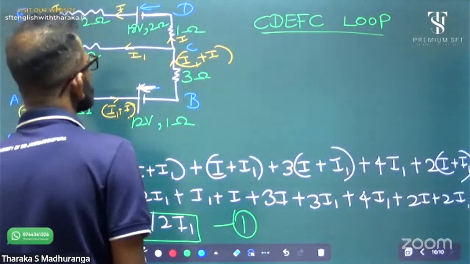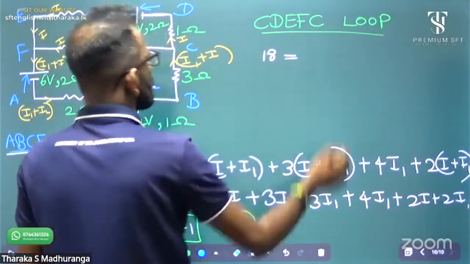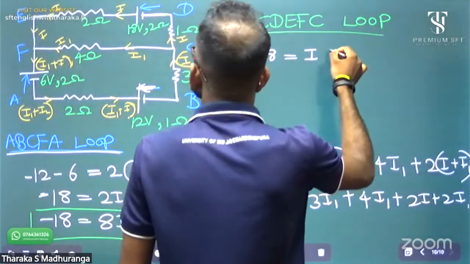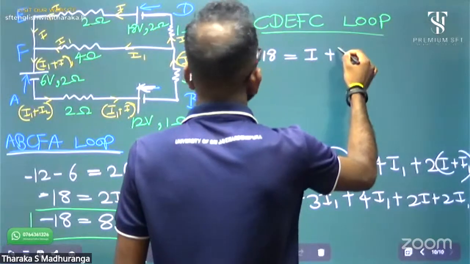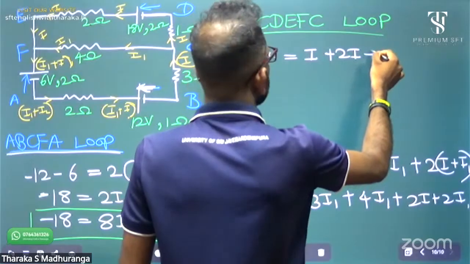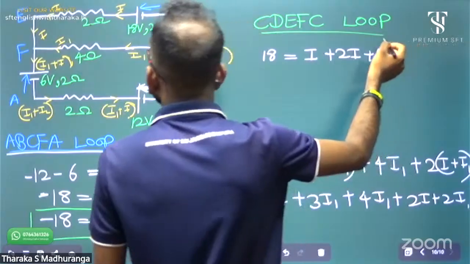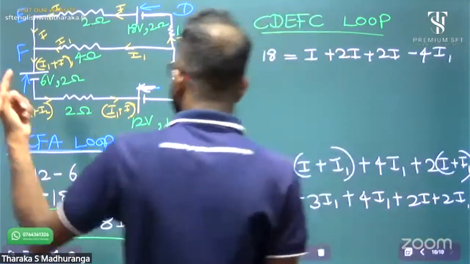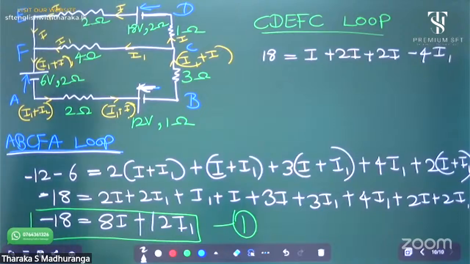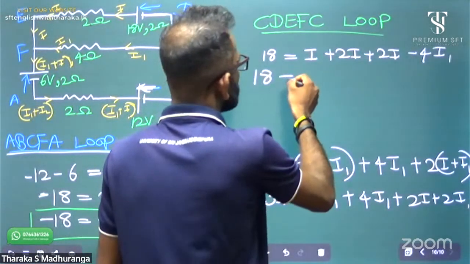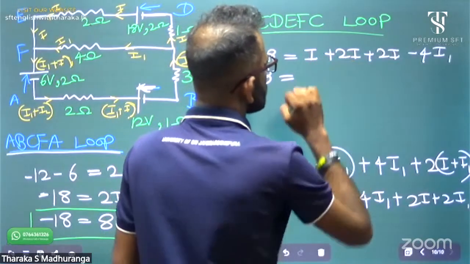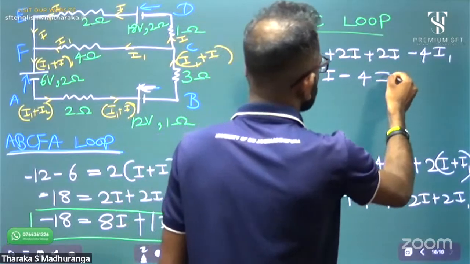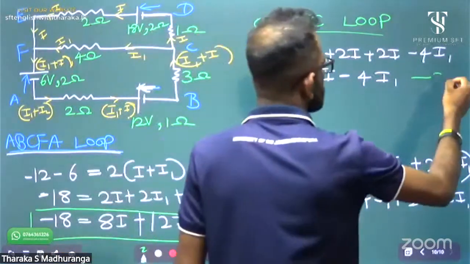In the CDEFC loop it is plus 18. 18 equals I plus 2I plus 2I, minus 4I1 because my direction and the current direction are opposite. In short form, 18 equals 5I minus 4I1. This is the second equation.